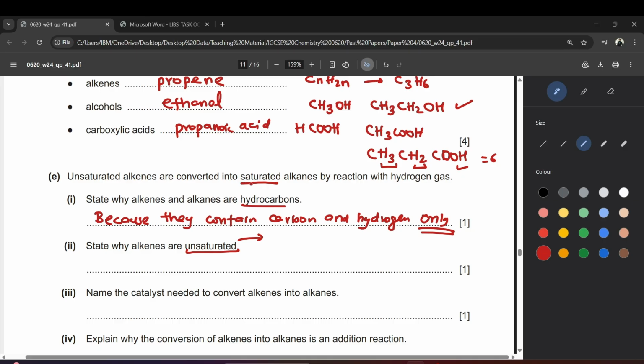Unsaturated means that not all carbon to carbon bonds are single bonds. So here we have to mention why alkene is unsaturated, because it contains a carbon to carbon double bond.